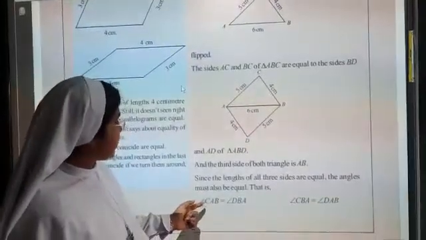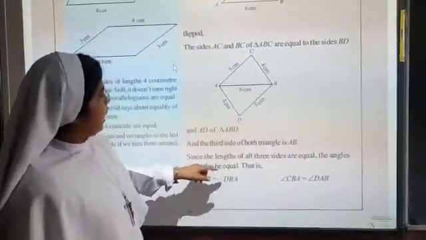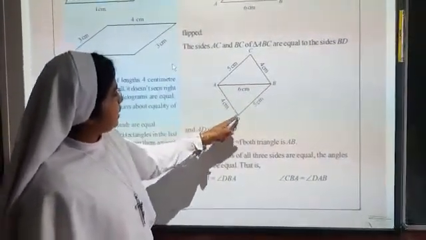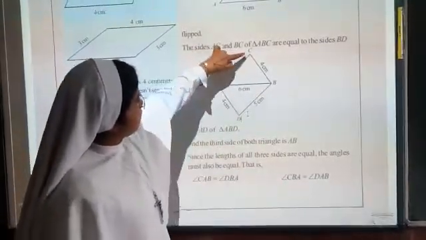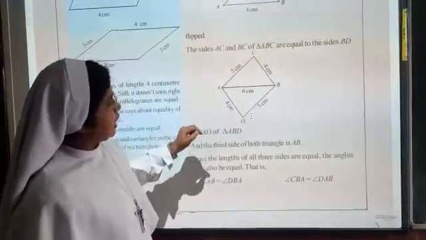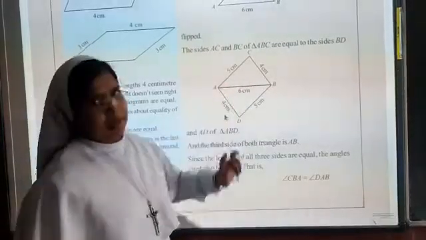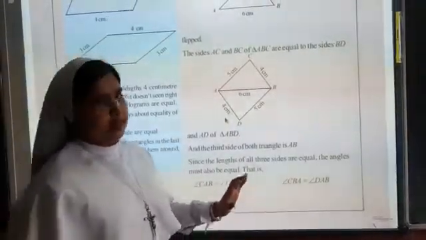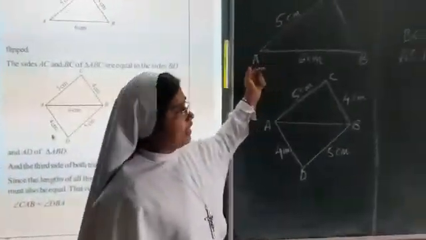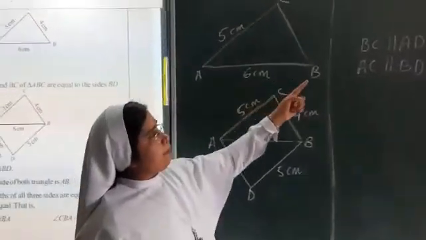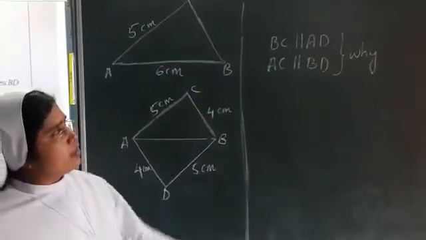Here we can see angle CAB is equal to angle DBA, and angle CBA is equal to angle DAB. Now what we have to find is there. I have drawn the figures once again here, and the question is that BC is parallel to AD and AC is parallel to BD.